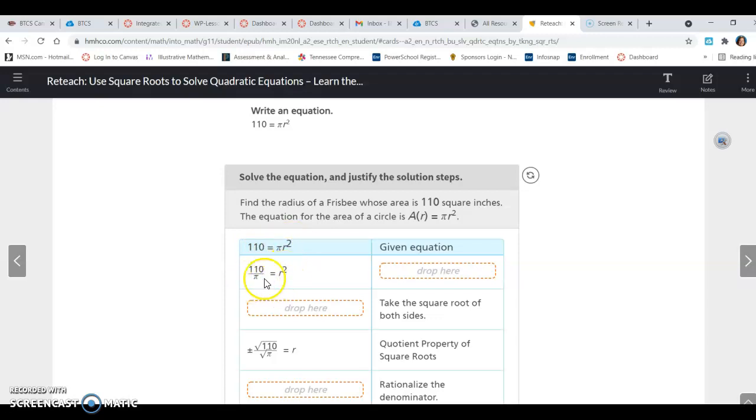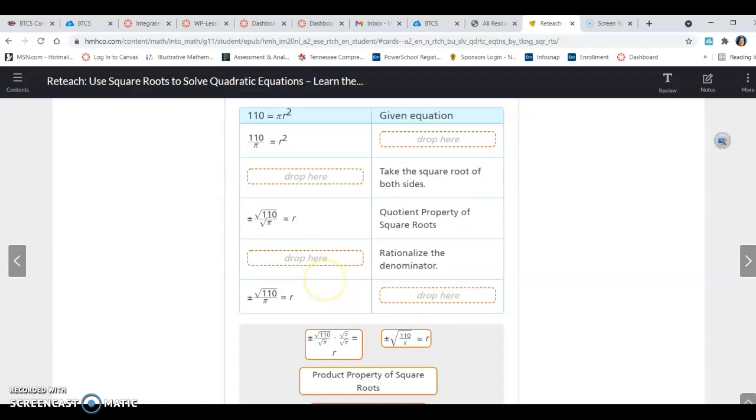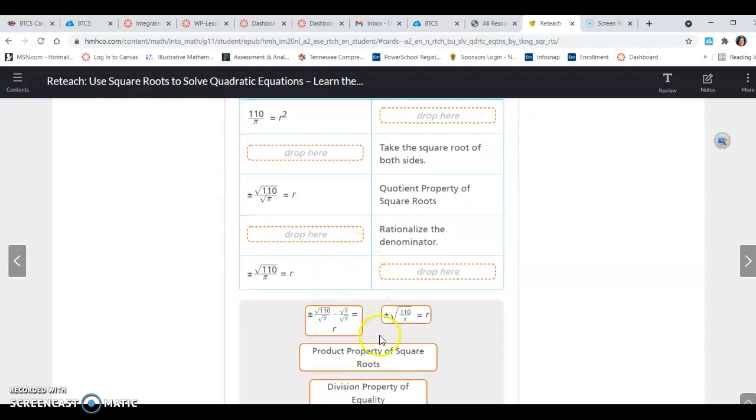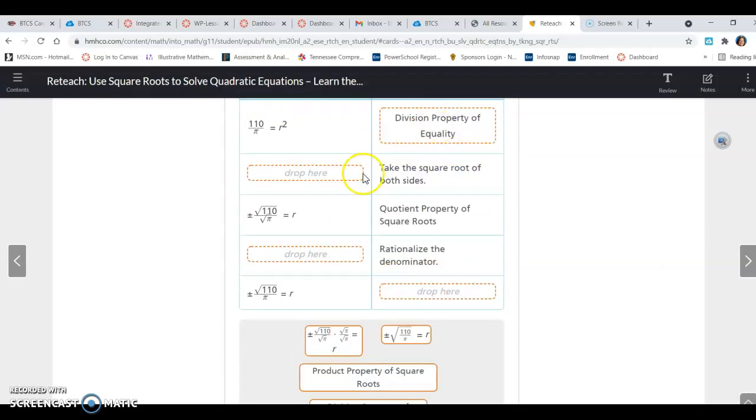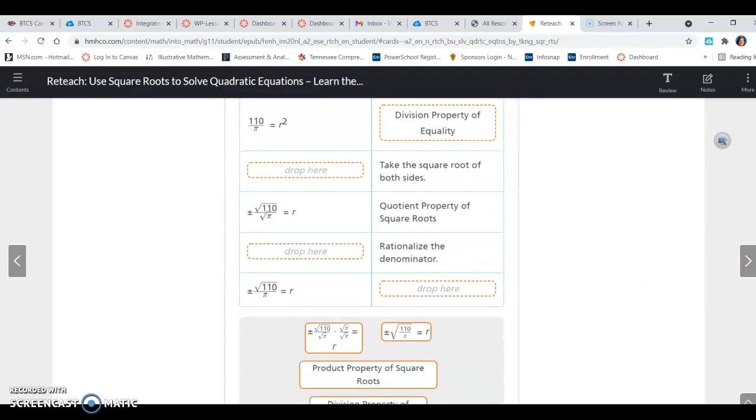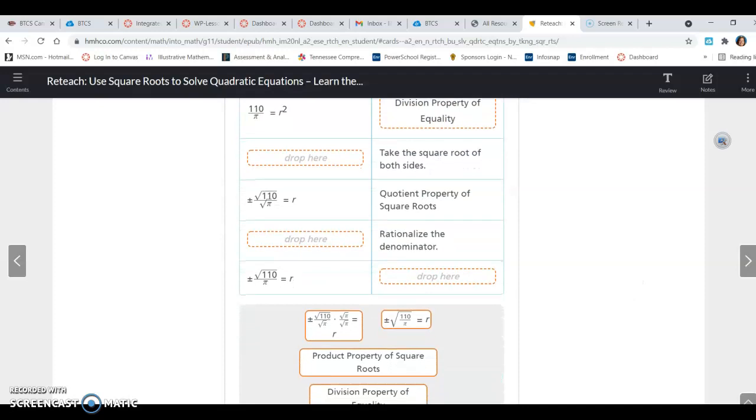First thing we do is divide by pi, because we're trying to get r by itself. So that is division. All right, after we divide, we are going to take the square root of both sides because we're trying to get r by itself.